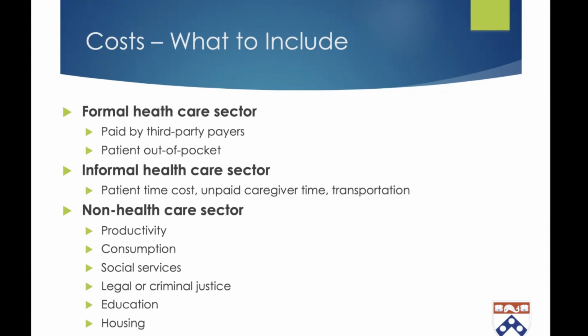And this includes larger societal impacts from productivity, consumption, impact on social services. There are interventions that can impact decreasing legal or criminal justice system, education, housing, environment, that's really broad, looking at the impact of the intervention.